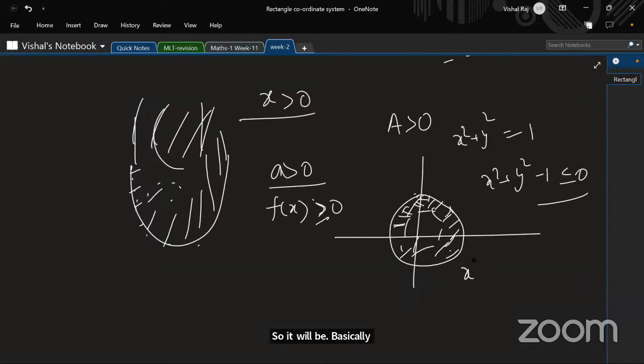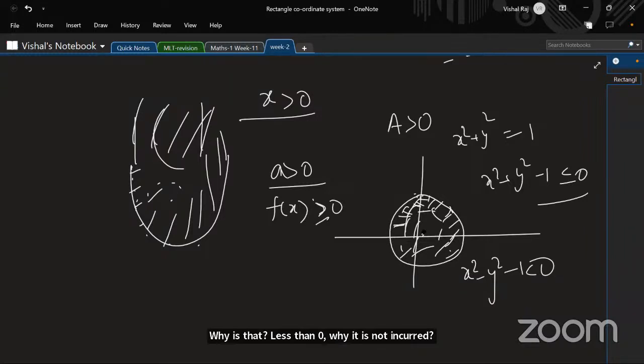And if this was x square plus y square minus 1 less than 0 only, then it will not include the border line, but all the points inside the circle. Why is the border not included for less than 0? Because it will not satisfy.